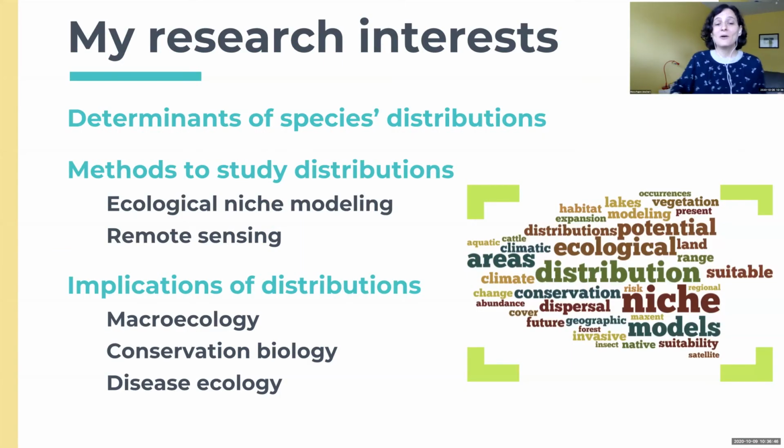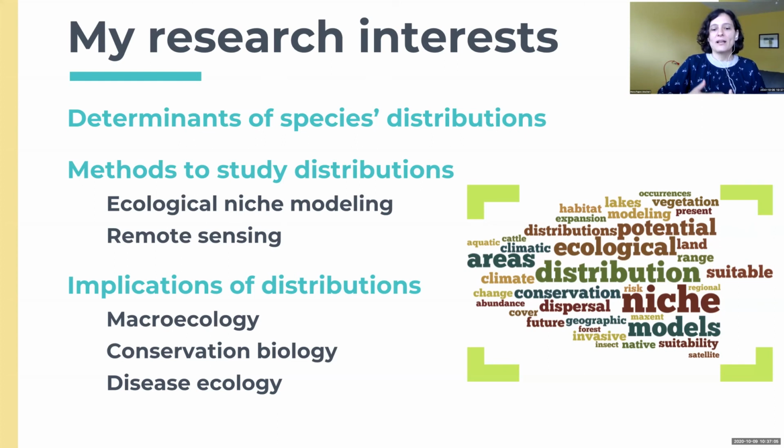Okay, so generally I started with a disclaimer that I'm not an entomologist and I'm humbled to be here. So generally my research interests can be grouped under this big umbrella of determinants of species distributions.